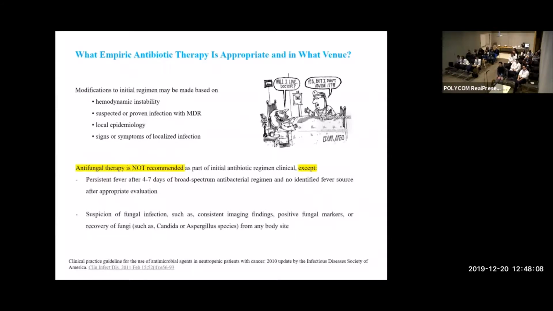Antifungal therapy is not recommended as part of the initial antibiotic regimen, but there's definitely a role if the fever persists for 4 to 7 days and the patient is on broad spectrum antibacterial regimens, then there may be a role for broadening the spectrum and including antifungal therapy.